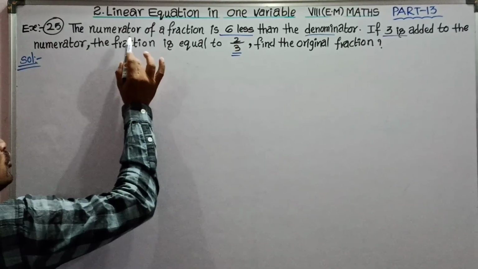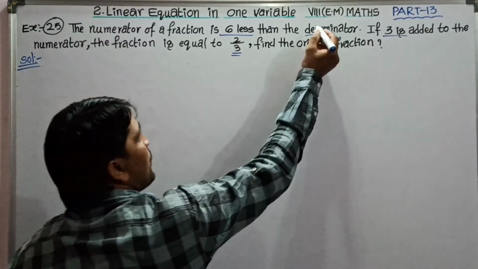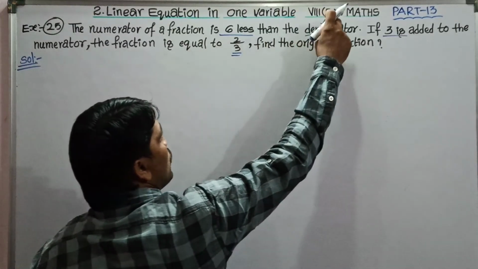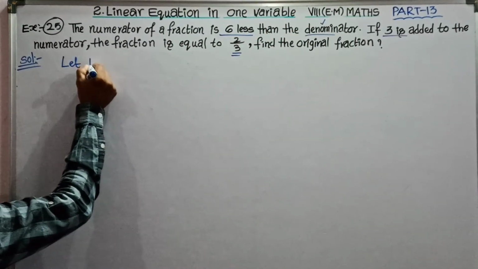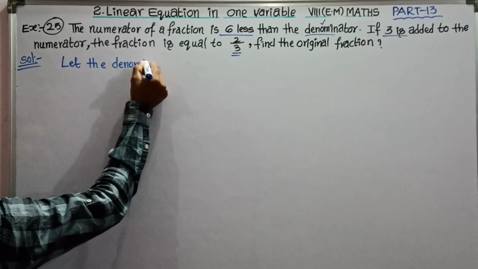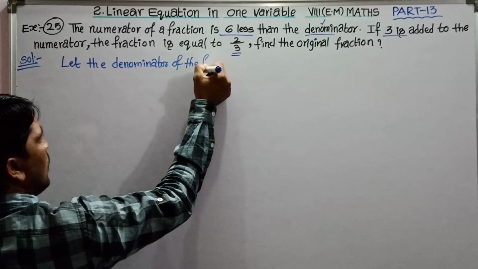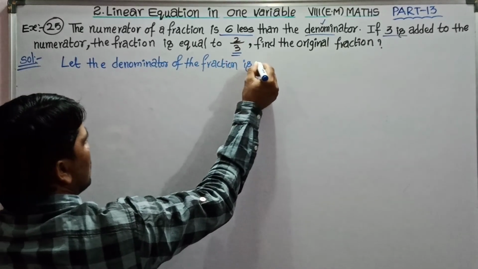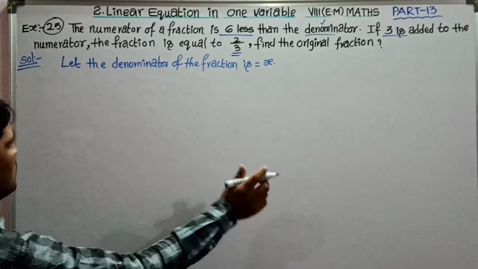It is given that the numerator of a fraction is 6 less than the denominator. So the denominator is the unknown quantity. To get the numerator, we have to know the denominator. Let the denominator of the fraction be equal to x.